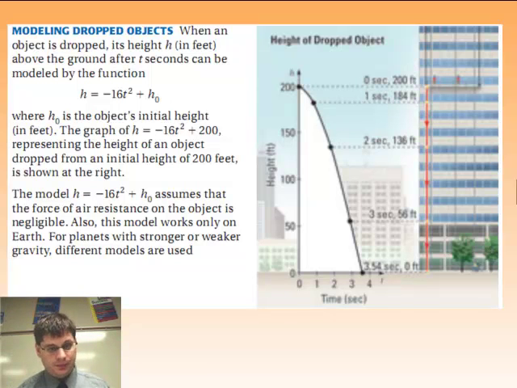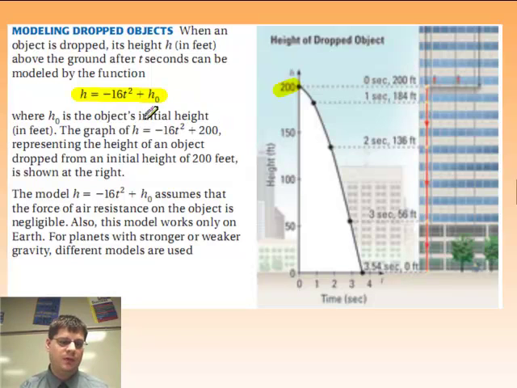And you're going to want to know this formula, so you're definitely going to want to write this down. h equals negative 16t squared plus h sub 0, where h is your ending height, and h sub 0 is your initial height. So for instance, in this example, 200 is where we're going to drop our object, and so that's going to be my initial height.